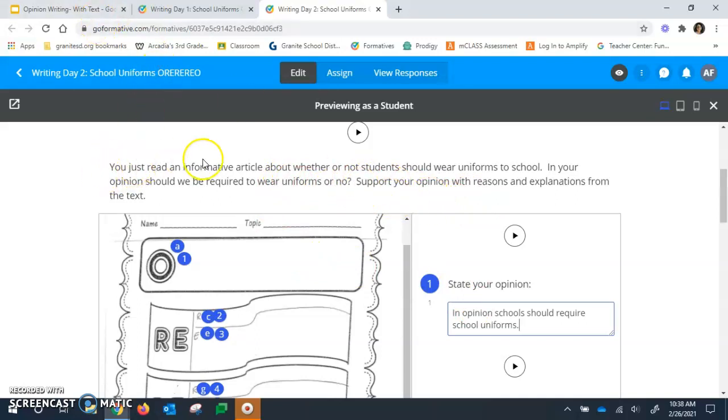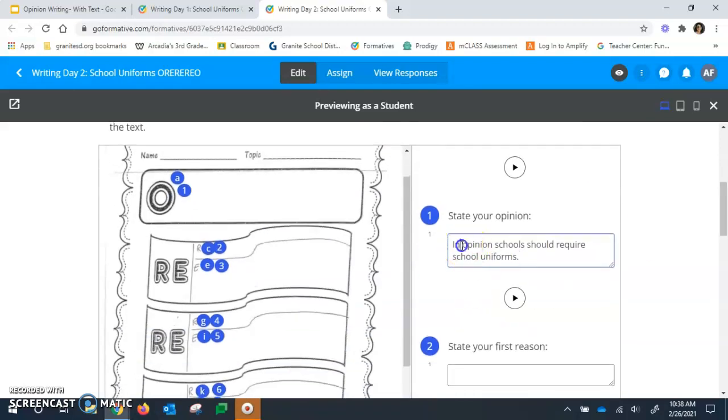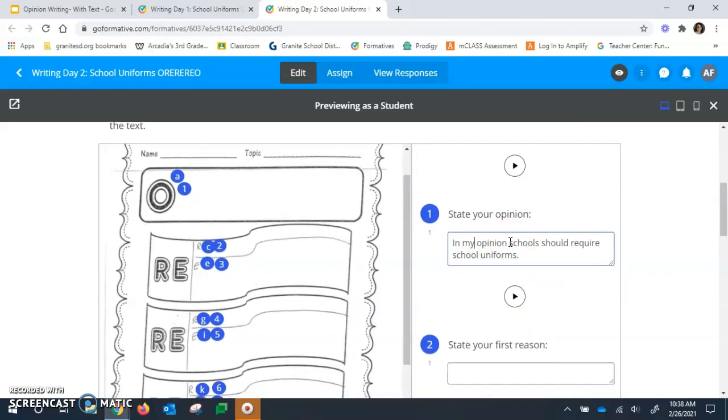But it says you just read an informative article about whether or not students should wear uniforms to school. In your opinion, should we be required to wear uniforms or no? Support your opinion with reasons and explanations from the text. So those were the 2 sides. Yes or no, like we mentioned, and now we've got to pick a side. So in my opinion, sorry, I forgot the words in my opinion, schools should require school uniforms.